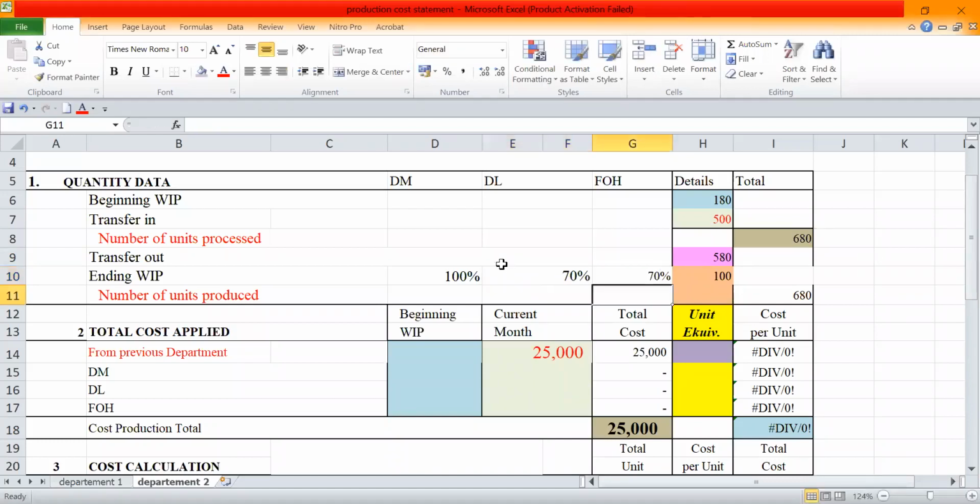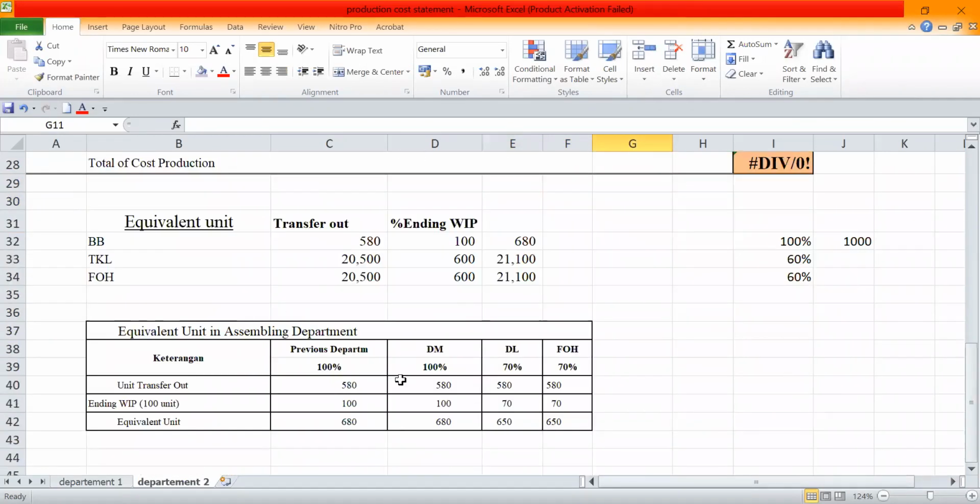So the percentage completion for the direct material, direct labor, and factory overhead is actually known from the problem. But how much is the percentage completion of the previous department that we need to compute? The assumption for the percentage completion from the previous department is always 100.